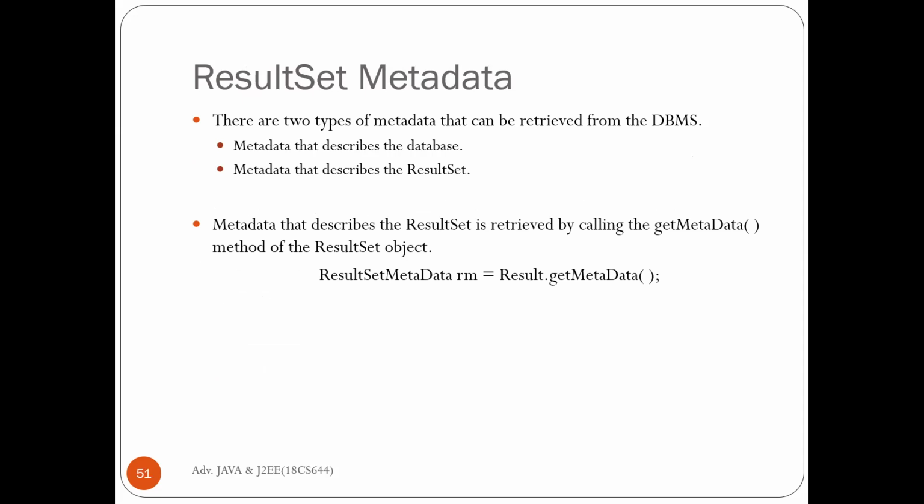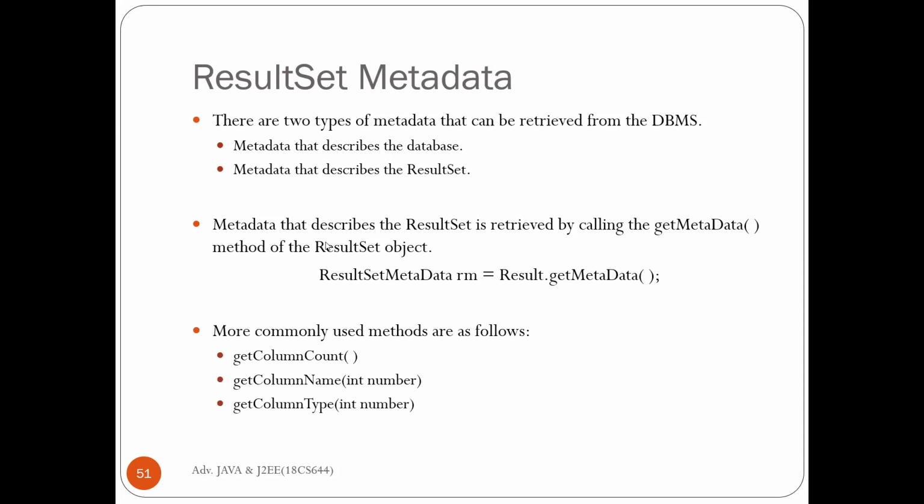Result set metadata can be obtained like this: ResultSetMetaData rm equals result.getMetaData(), where result is nothing but a ResultSet object. The metadata that describes the result set is retrieved by calling the getMetaData method on the result set object.